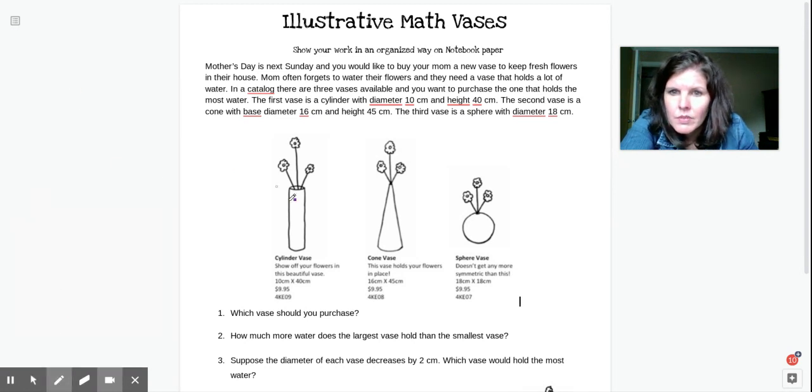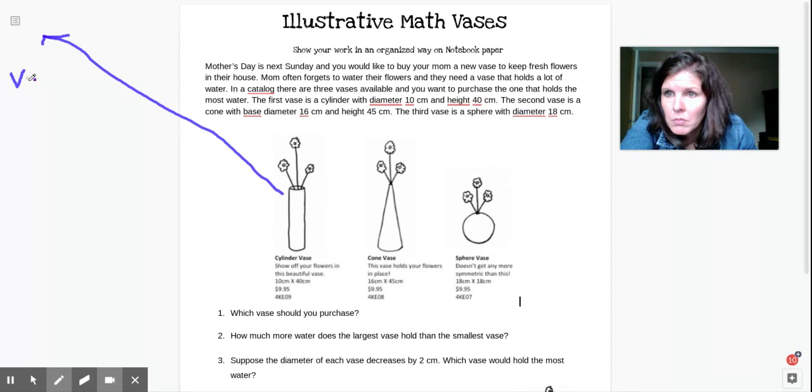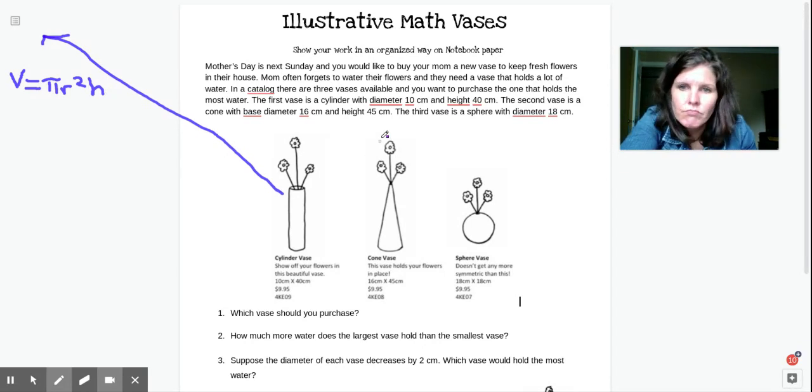Okay, so the cylinder. The cylinder's volume is pi r squared h. You take the area of the circle and then multiply it times the height of the cylinder.